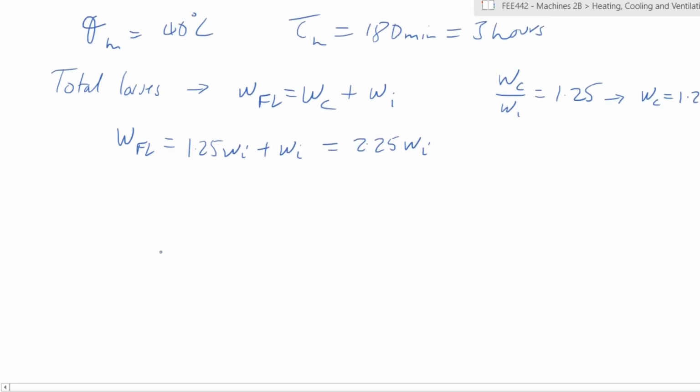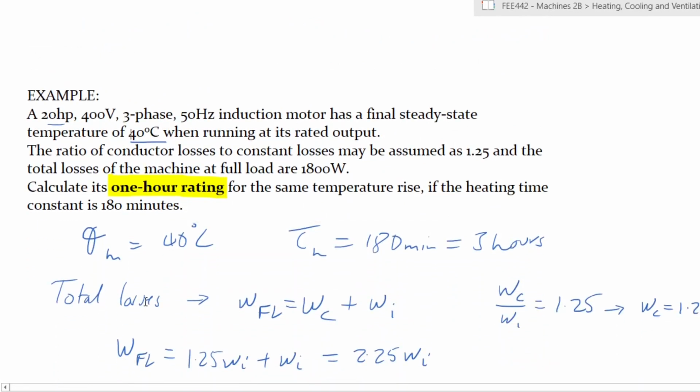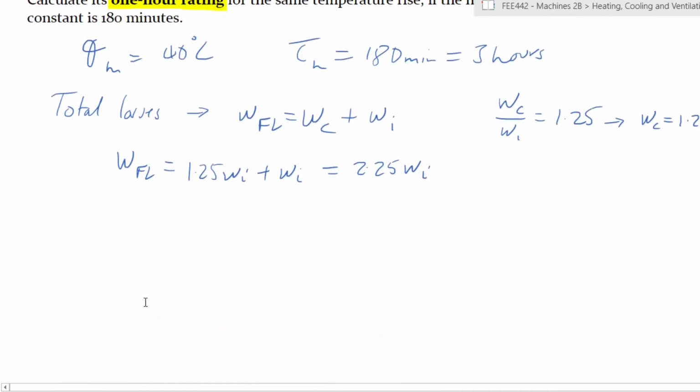So what does that mean for us? It would mean that we have a certain rating that would be used. Instead of a 20 horsepower rating like this, you would have a certain rating, which is x times 20, that we can utilize the machine at for 1 hour, right?